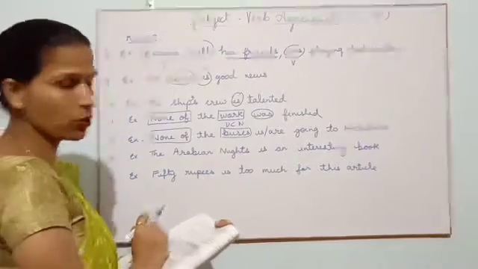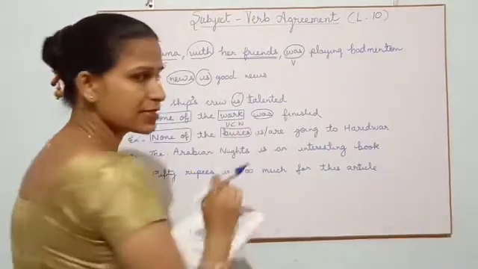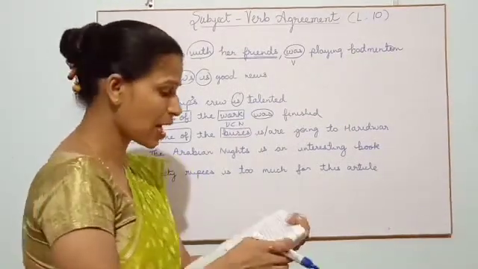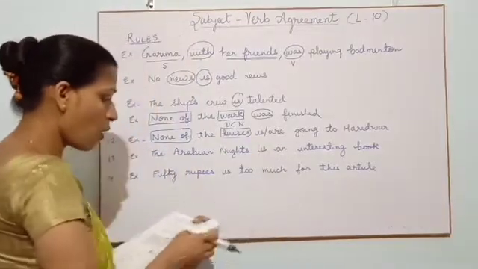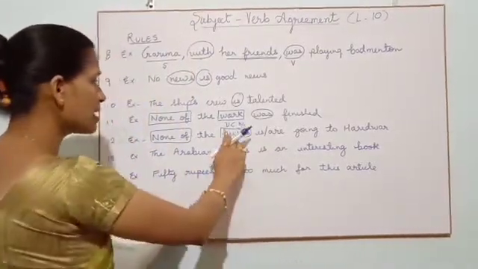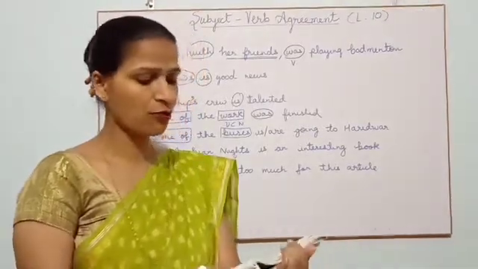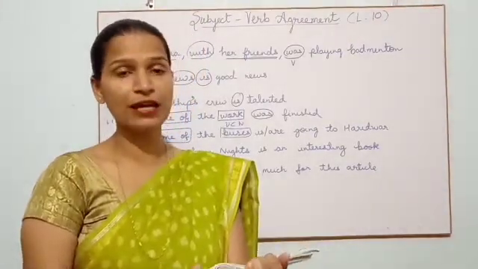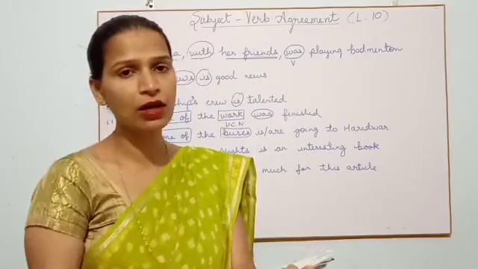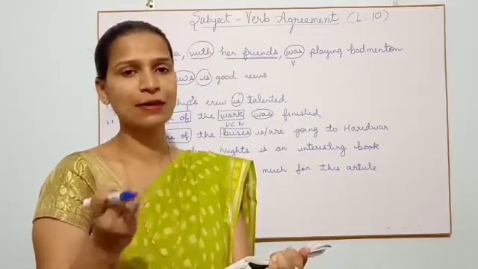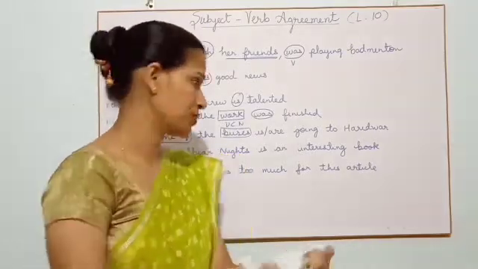Isn't it? If it is only bus, then it is singular. But we have buses, plural, or pronouns, or a singular noun referring to a group of persons or things, then you can use either singular or plural. That is up to you what you want to use.